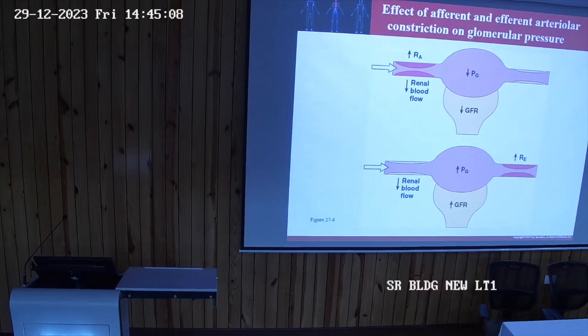So what happens if there is increase in the resistance, that is, the efferent arteriole is constricted? So what will happen to the GFR? डिक्रीज होगा. क्यों?